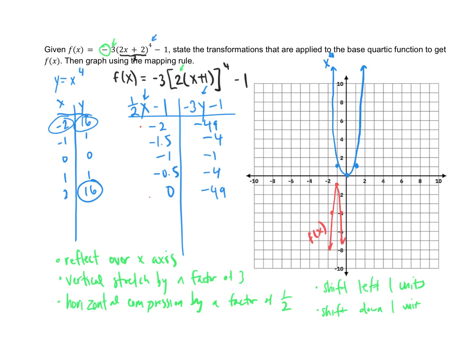And here our domain and range aren't as basic, so I'll just write them down. Domain is negative infinity to infinity or x ∈ R. But for our range, we're going down to negative infinity, but the highest point that we reach is negative 1, including that value. You could also write it as y ∈ R, y is less than or equal to negative 1.